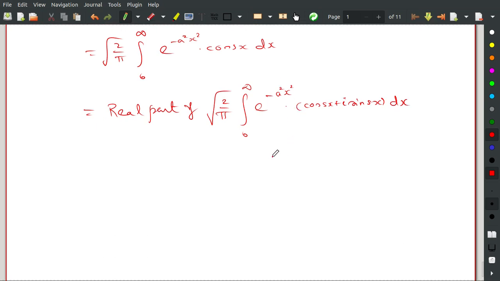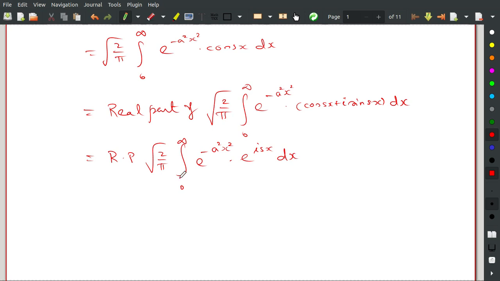So the real part of root 2 by pi integral 0 to infinity e power minus a square x square into e power isx dx, right?